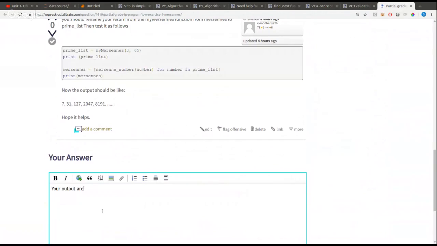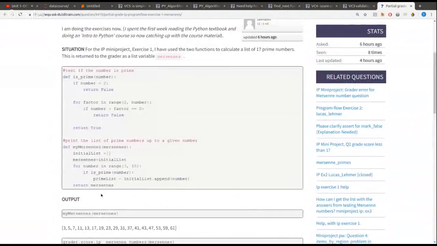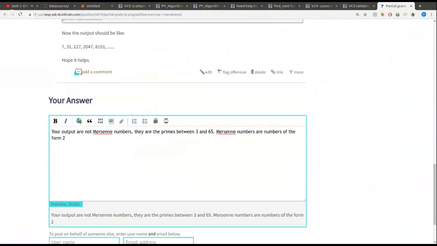Your outputs are not Mersenne numbers. They are the primes between 3 and 65. Mersenne numbers are numbers of the form 2 to the p minus 1.